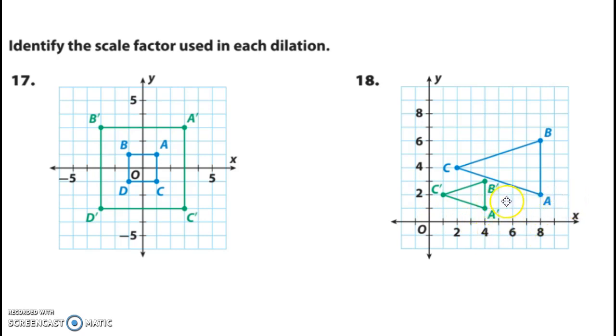So let's see what we've got. 1, 2 here for the new figure. 1, 2, 3, 4 for the original figure. So 2 divided by 4 is going to give you 1/2, or as a decimal, 0.5. Hopefully that's what you got for question 18.